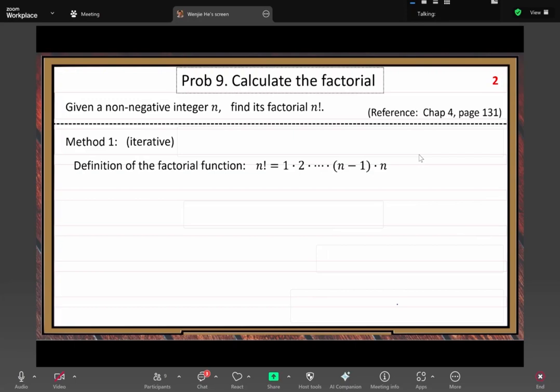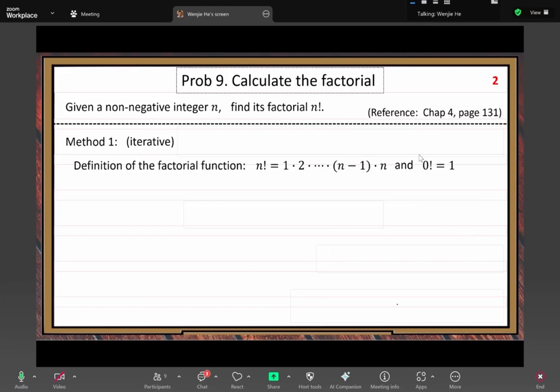Because for a question so simple, why would you need to use more resources to calculate it? So it's not necessary. But you understand it here for the education purpose. We just want to see the process of recursion.